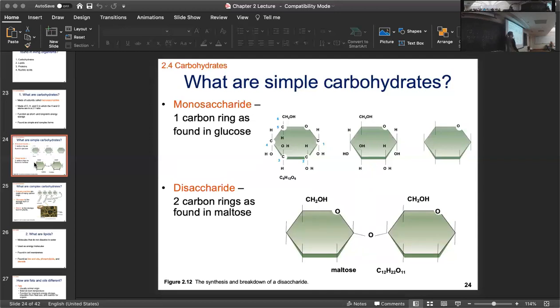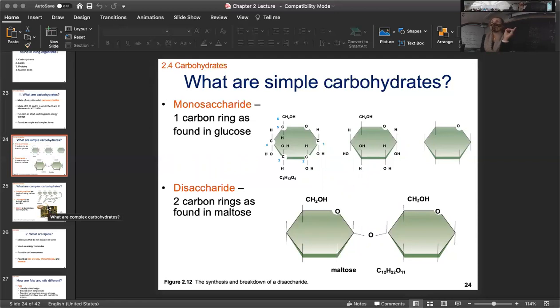Does anybody know what maltose can be found in? Anybody heard of malt beverages? Maltose. So some alcoholic malt beverages. Maltose right there, a disaccharide.